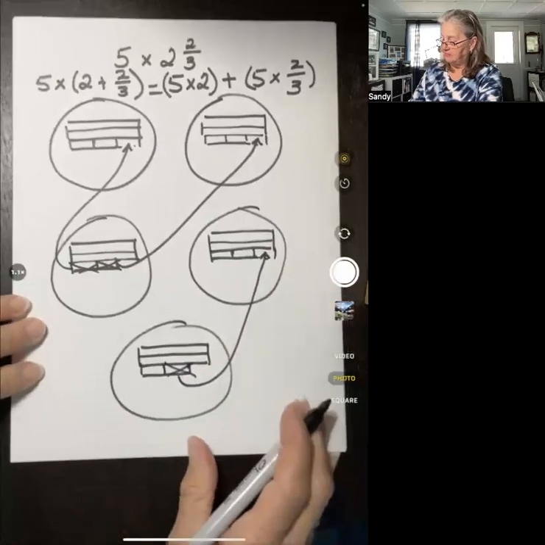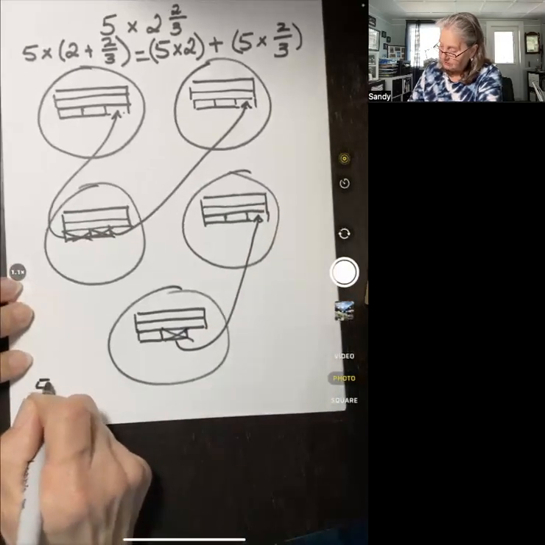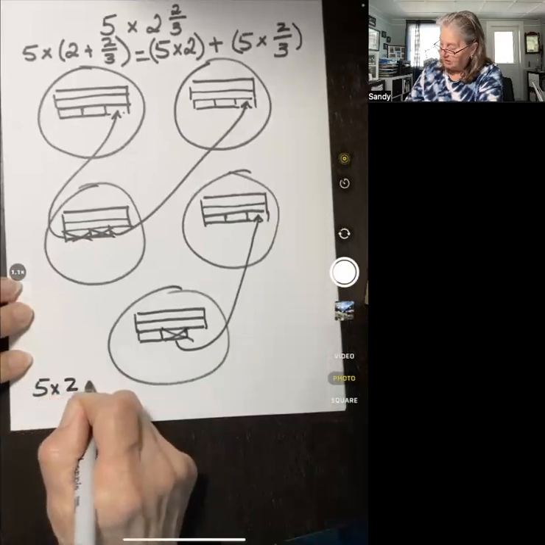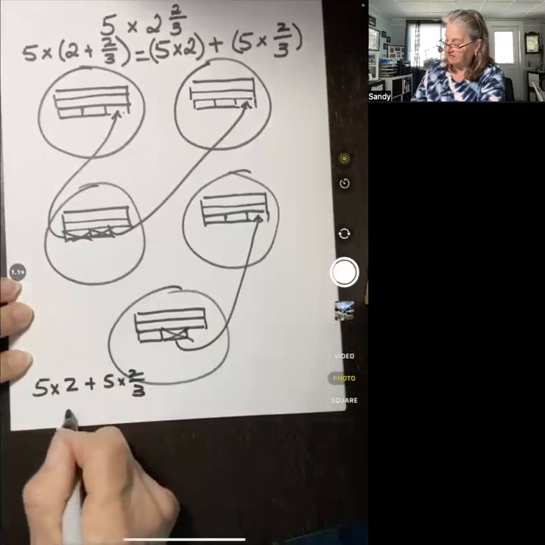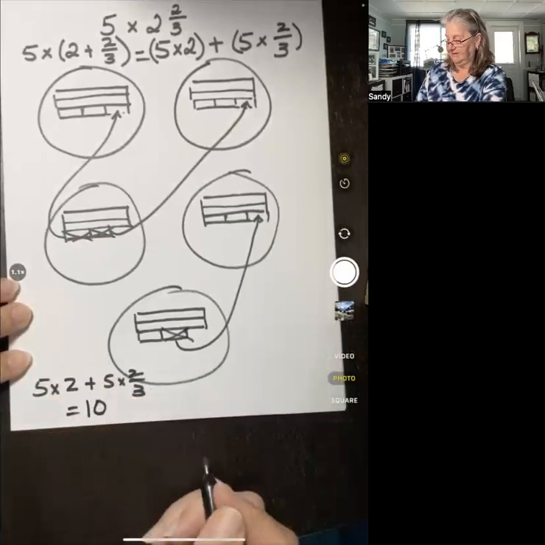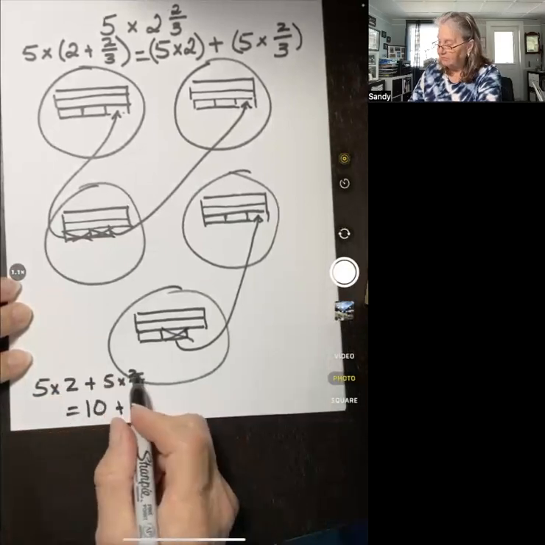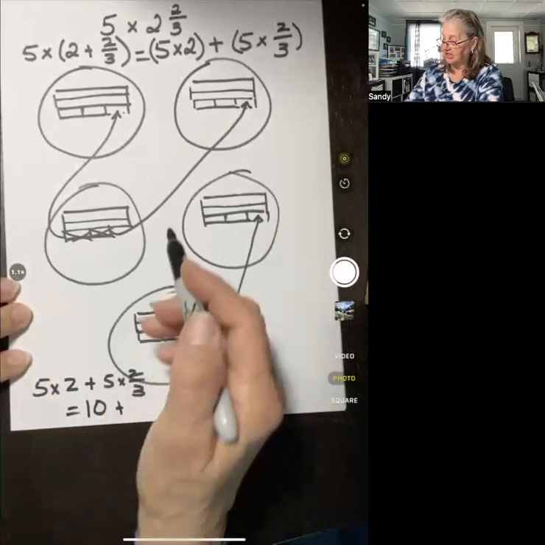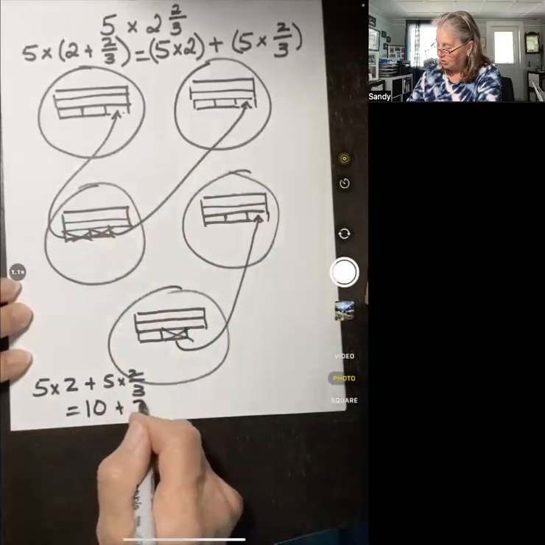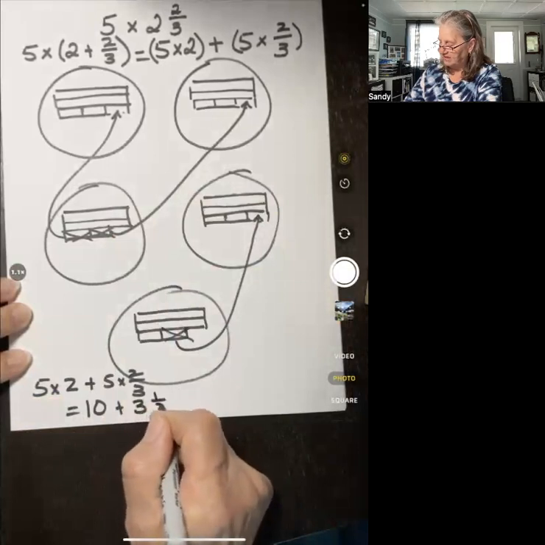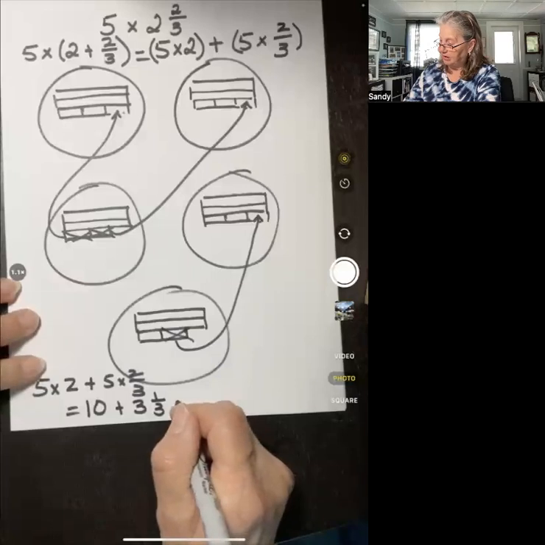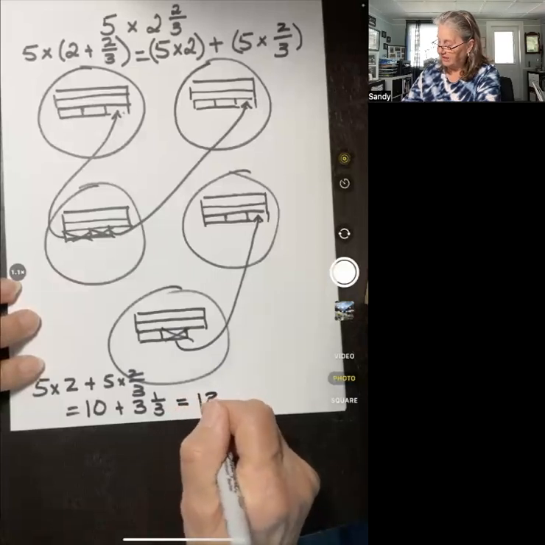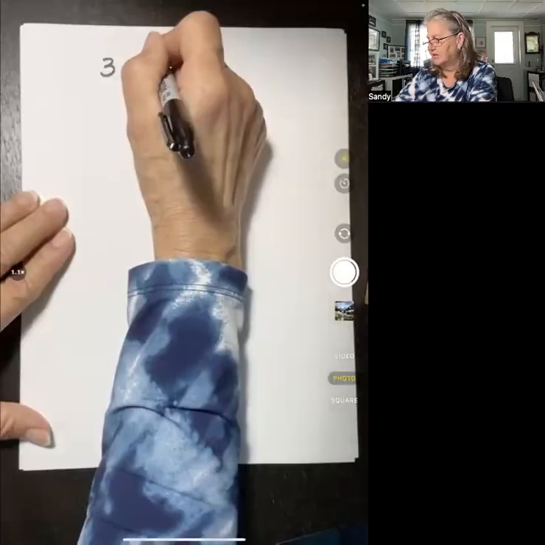Okay, so my 5 groups of 2 put together with 5 groups of 2/3 gives me 10. And those 5 groups of 2/3 are going to give me 1, 2, 3 more wholes and a 1/3 piece left over. So I end up with 13 and 1/3.